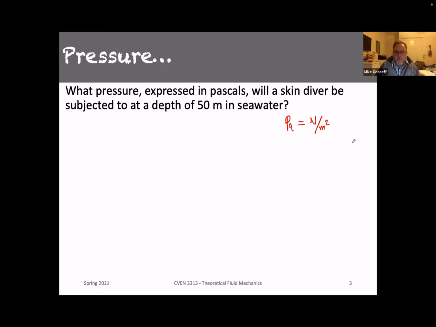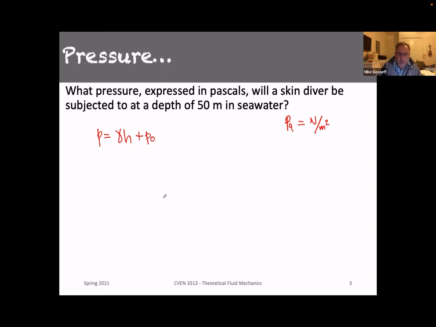So the simple relationship here is P is equal to gamma times H, where H is the depth of the water that we expect to have. Now, I'm going to add plus P naught. In this question, we're not given any information about the atmospheric pressure at the surface.